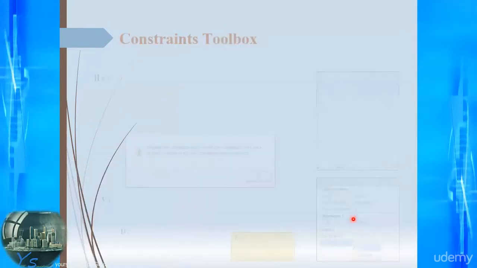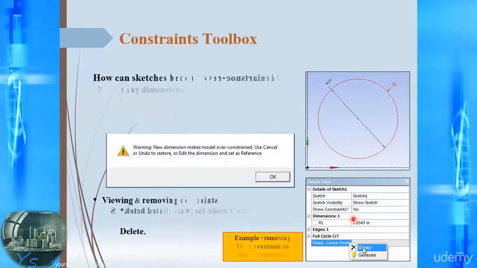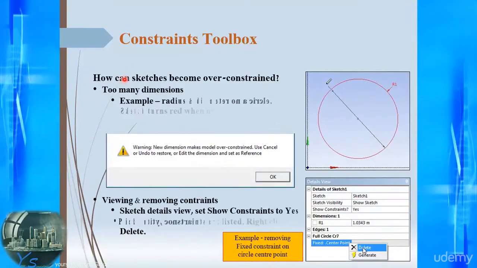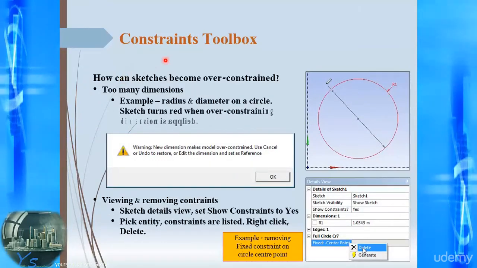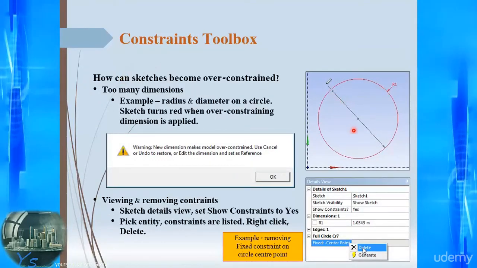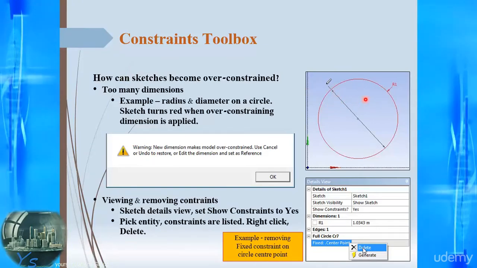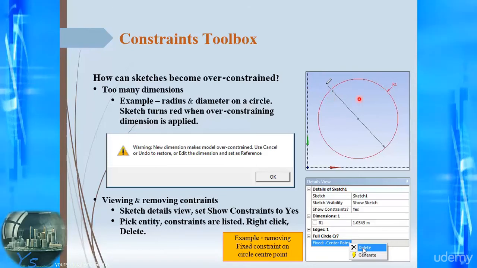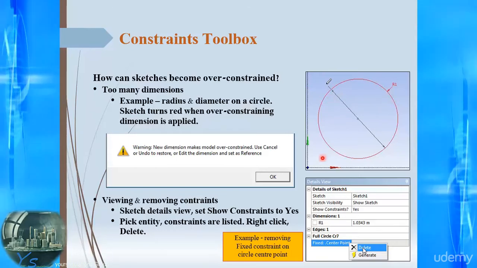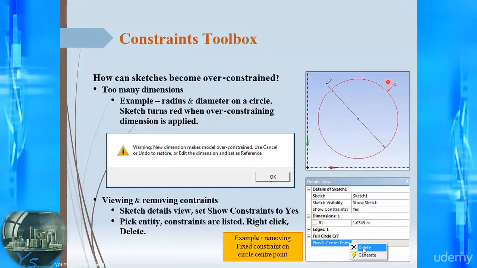It's possible that we can over-constrain sketches, and an example of that is applying a radius and a diameter on the same sketch. Obviously it can't conform to both if they're different, so it's only necessary for one of these to be present.